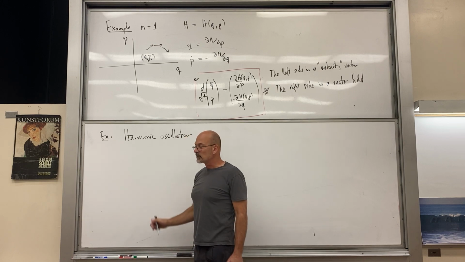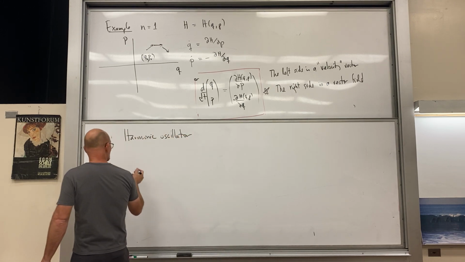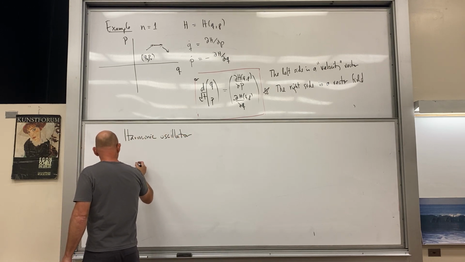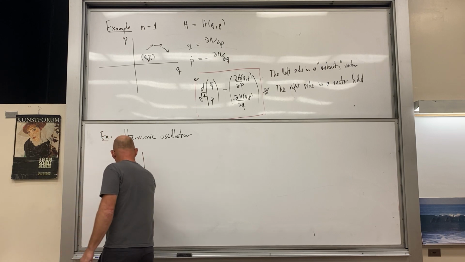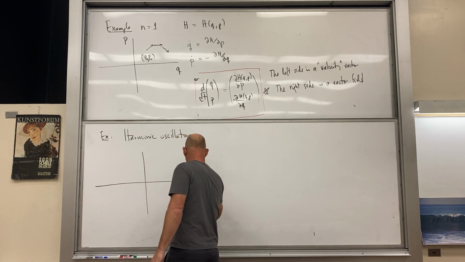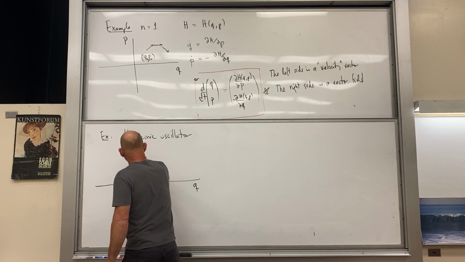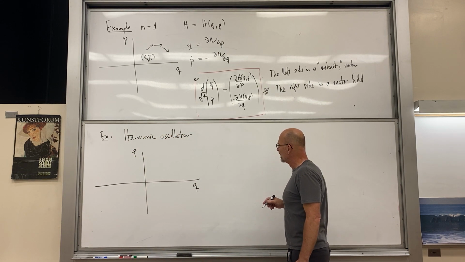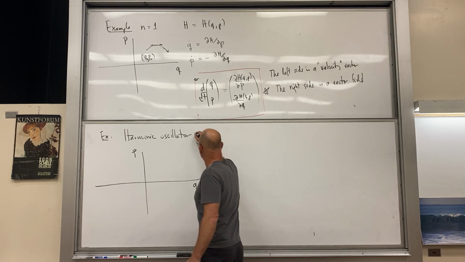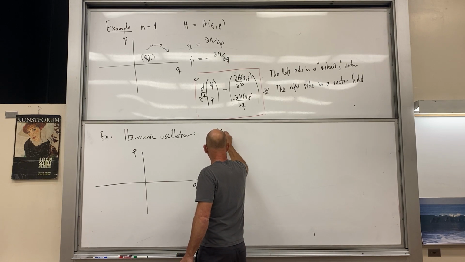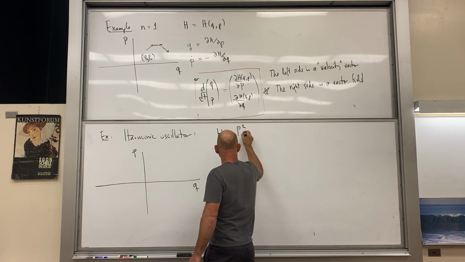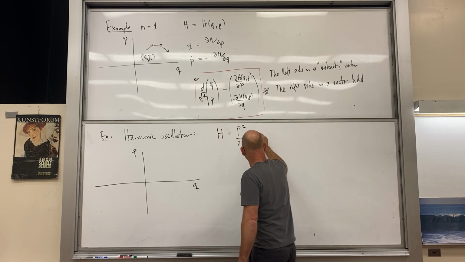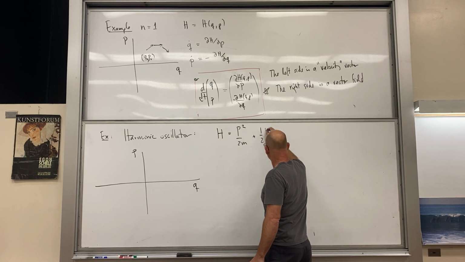Yeah, so in this case, we're going to write down, make a nice, useful graph here. Call it Q and P. Okay. And what's the Hamiltonian? The Hamiltonian is P squared over 2m plus 1/2 K Q squared.